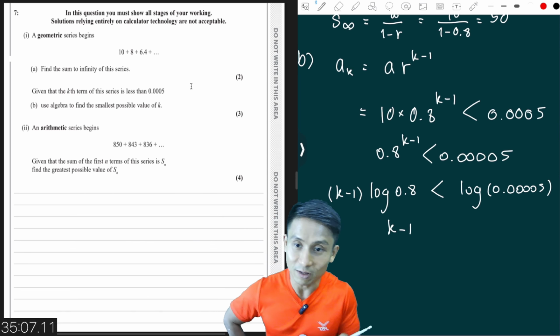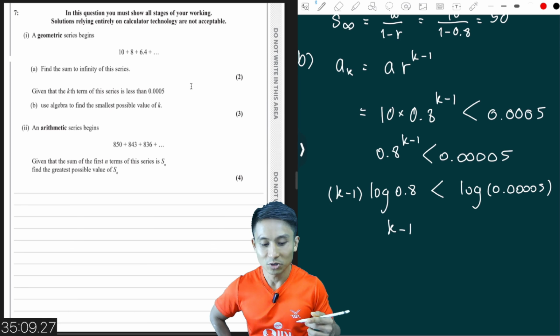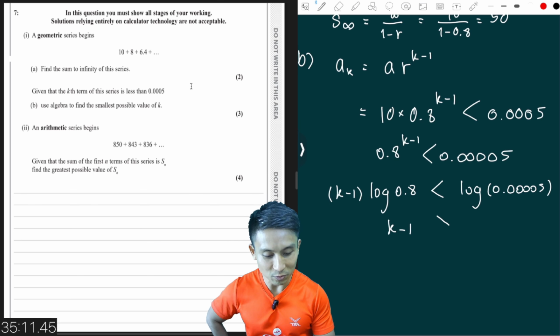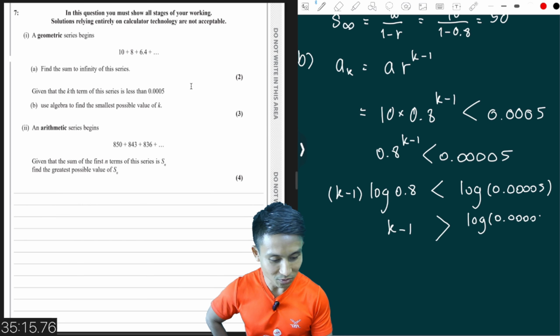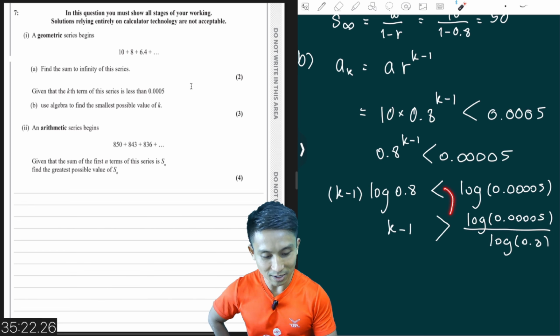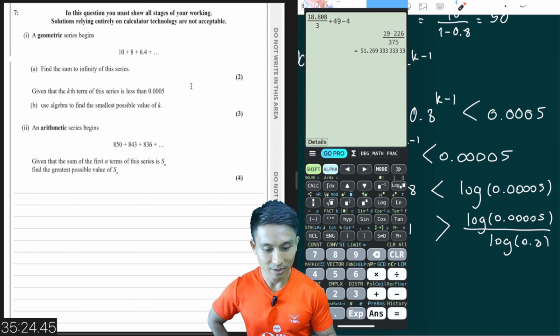And log 0.8, if you try that in a calculator, should be a negative number. That means when we divide the right hand side by log 0.8, notice that I flipped the sign already. And then k will just be that thing, add with that.